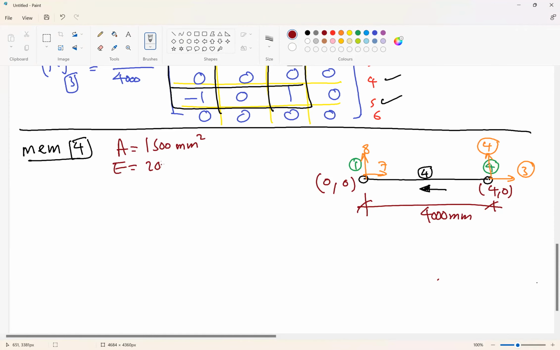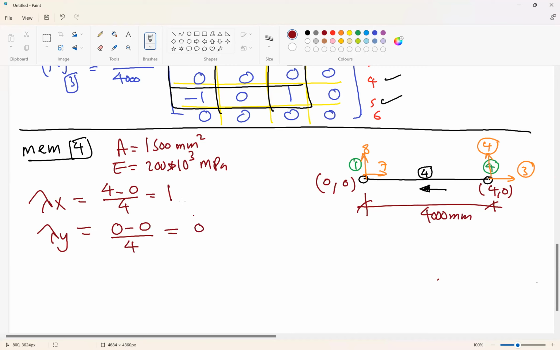E is 200 times 10 to the power 3 megapascal. Lambda x will be 4 minus 0 over 4, which is 1. Lambda y will be 0 minus 0 over 4, which is 0. So lambda x is 1, lambda y is 0.